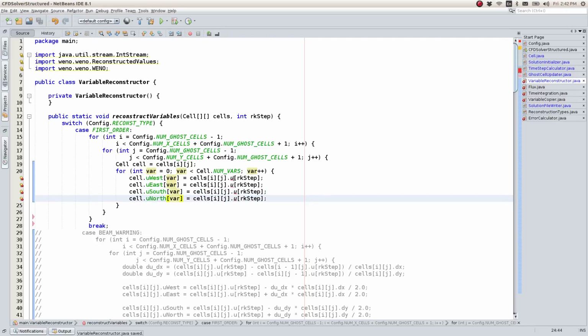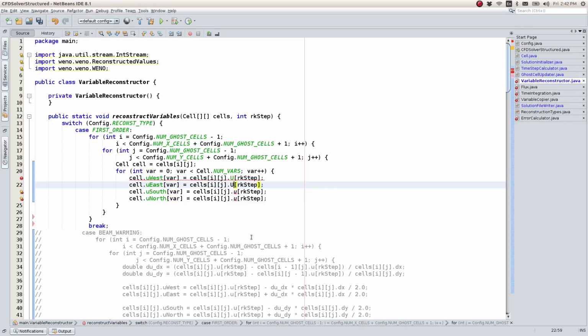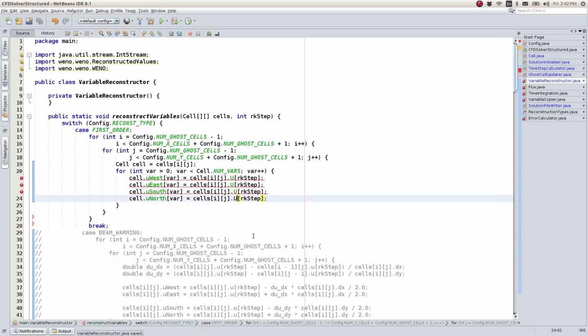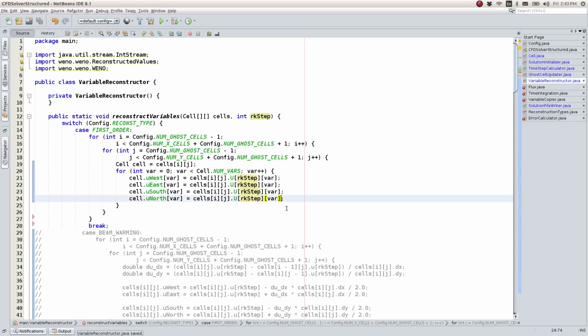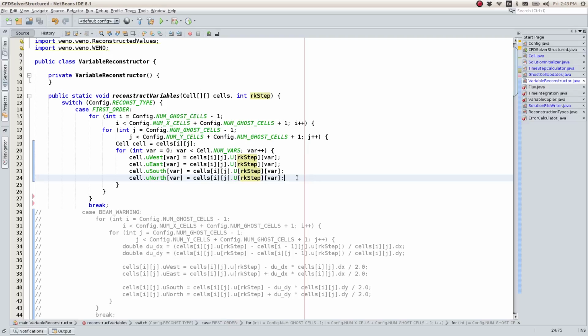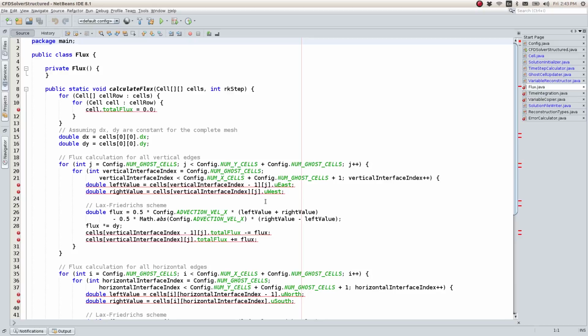So each variable is going to be equal to the variable value inside the cell. So I think I can just copy paste this particular thing 4 times, 2, 3 and 4. Okay, so now this thing is done, and our variable reconstructor, at least the first order thing, is complete. So let's go to Flux now, and this is, I think, the most important thing.